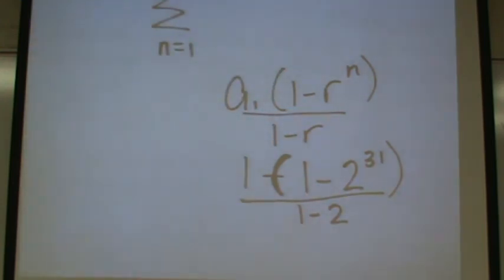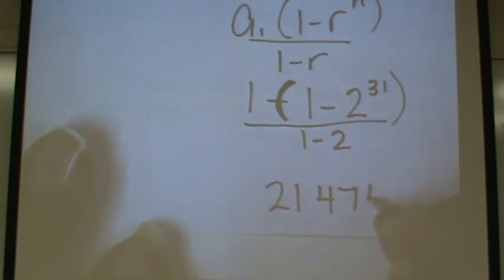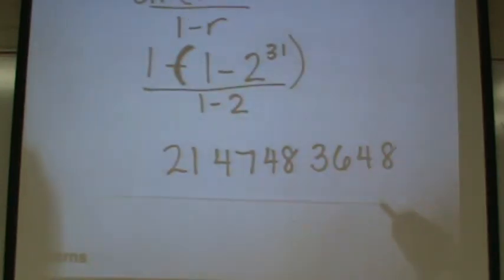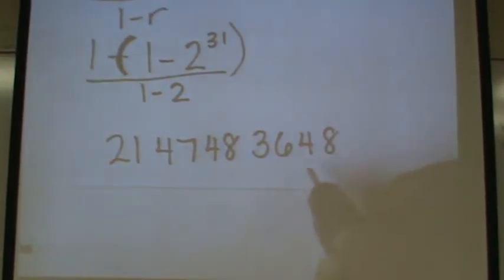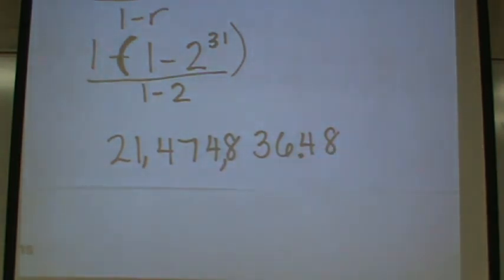So when you do this crazy problem, you're going to get for an answer 2,147,483,648. But this is in cents, so you're going to move your decimal 2 places over, and that's the dollars that you would have made. You add it all up.